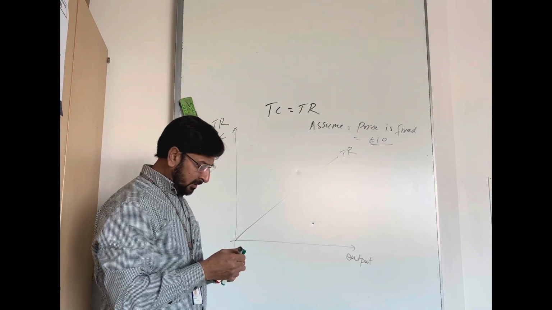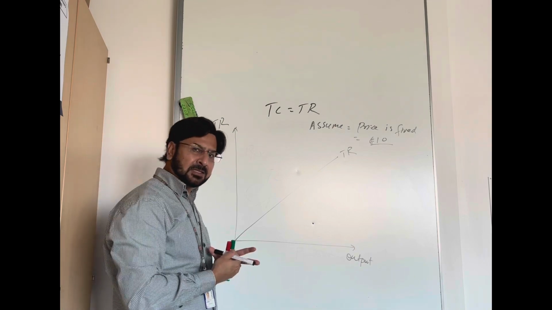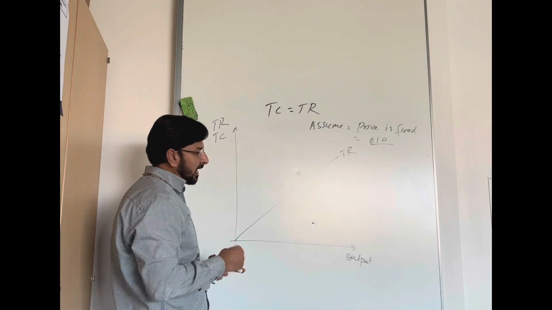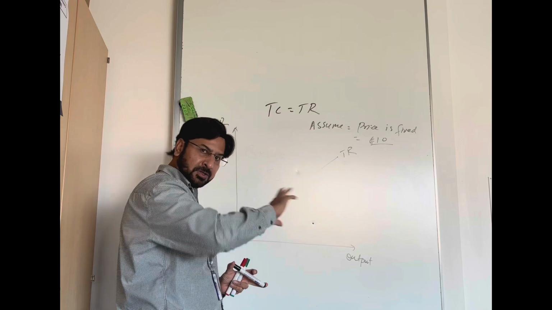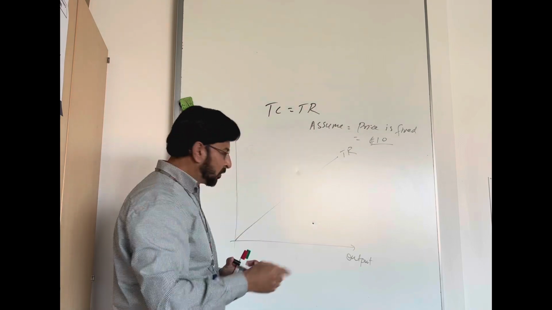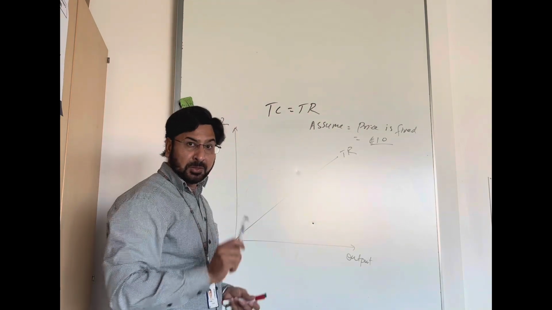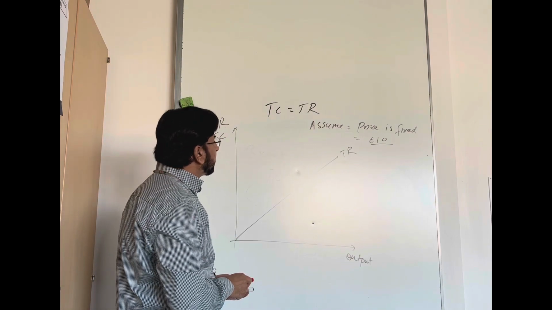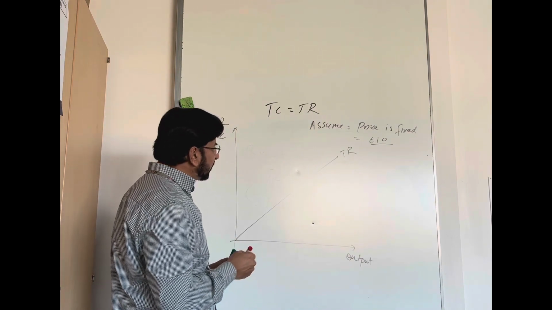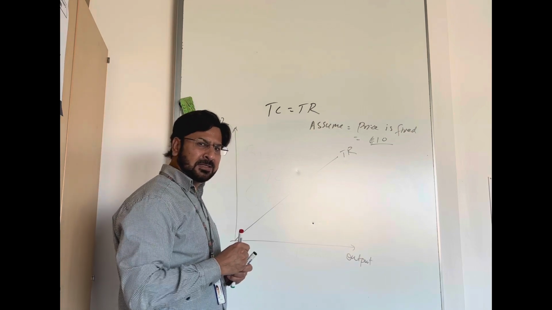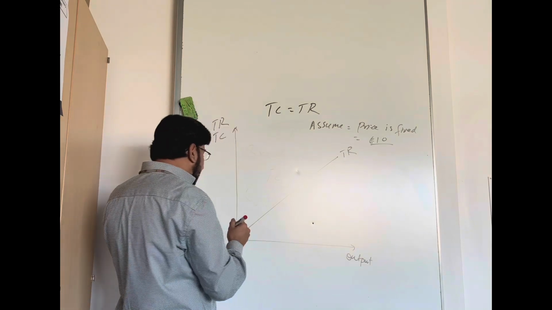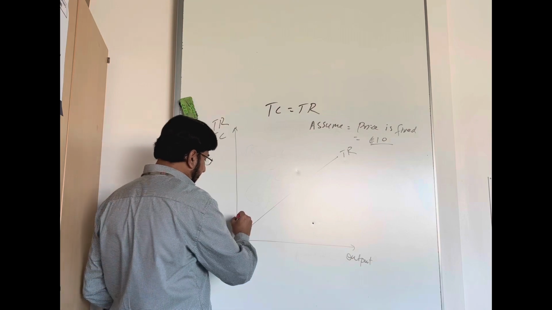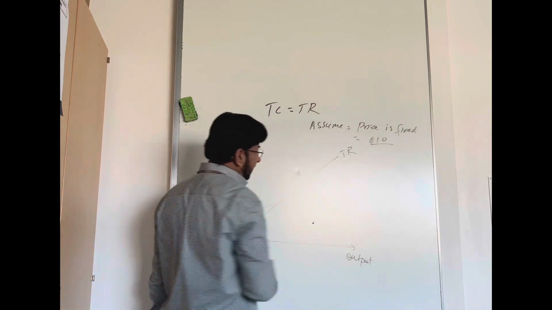Later in a little bit more complex analysis, you can have a different TR, which is like an umbrella shape, but we are not going to do this in grade 10 for IGCSE economics. Now I'm going to take the cost analysis, and the cost could be a straight line like this.